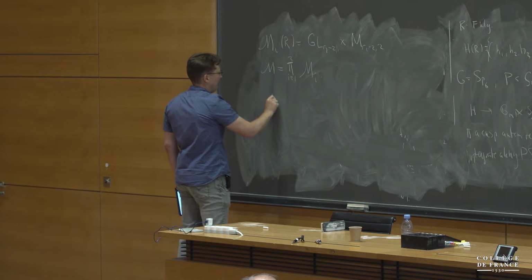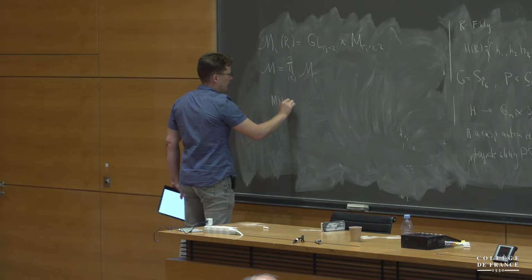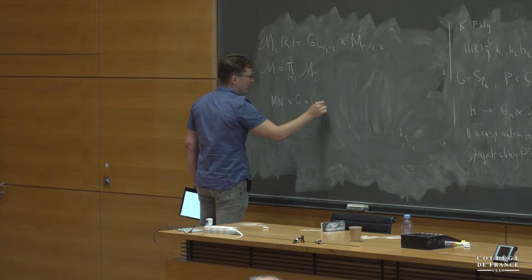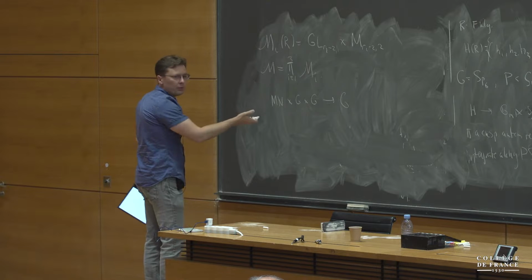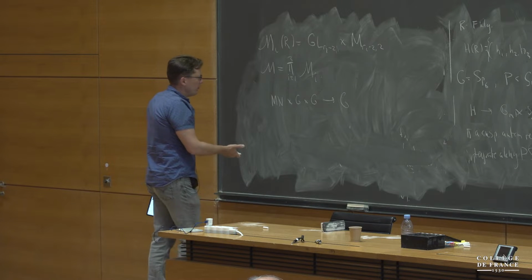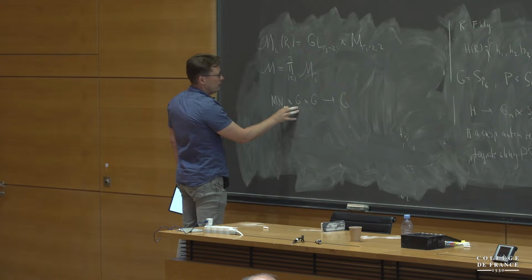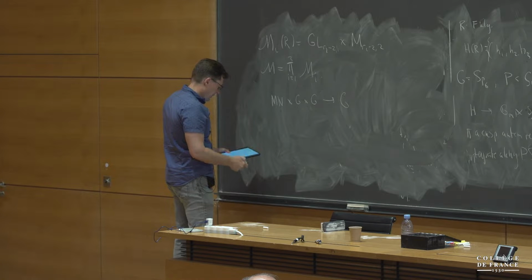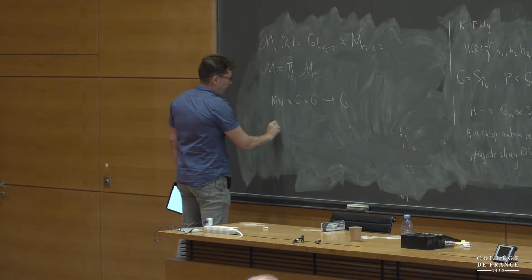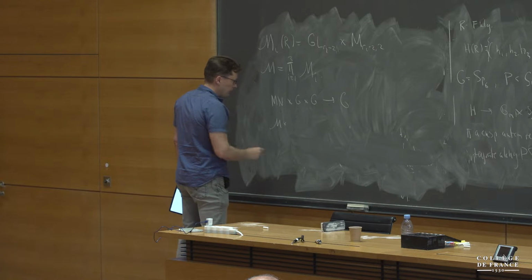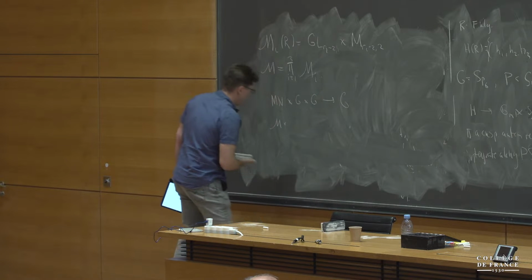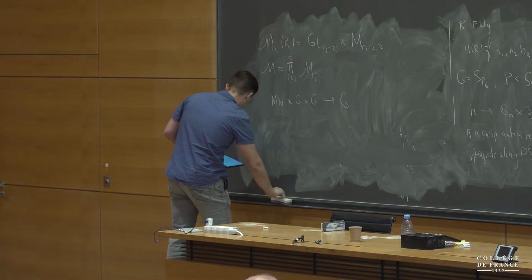I have an action M, N cross G to G, and this is just given by left and right multiplication. And what I want to do is use this to induce an action on M cross a particular Berman-Kazhdan space, but let me get there.